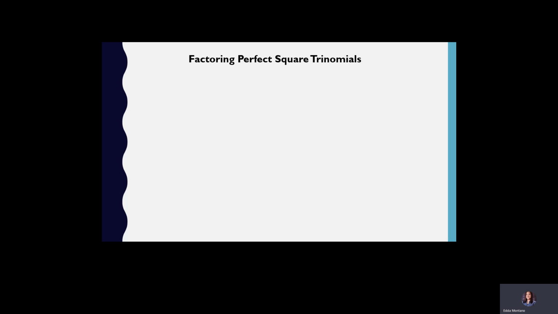Now, factoring perfect square trinomials. This is the general form of our perfect square trinomials given the variables x and y. So take a look at this one. The first term is a perfect square as well as the last term. So that's the condition. Now, after that, let's verify the middle term.